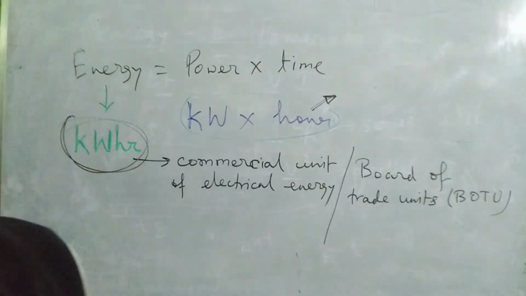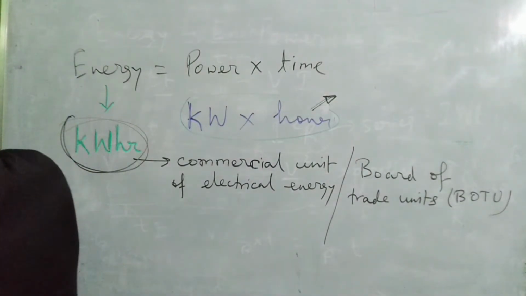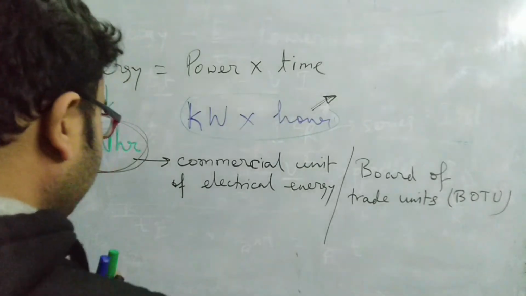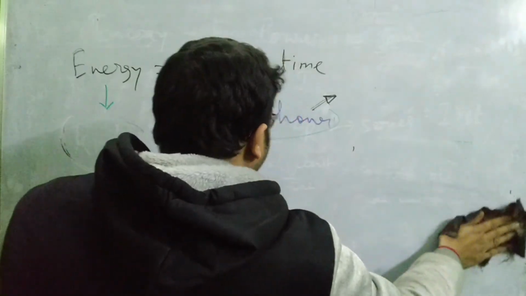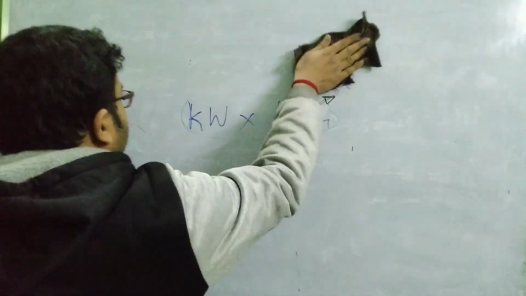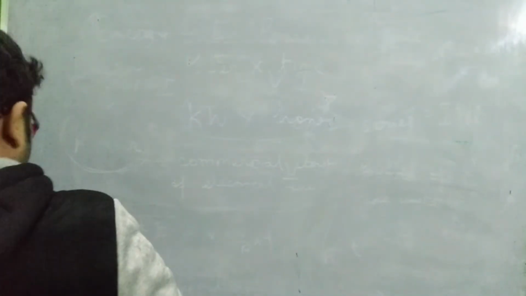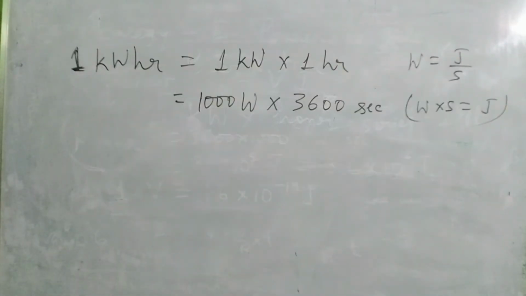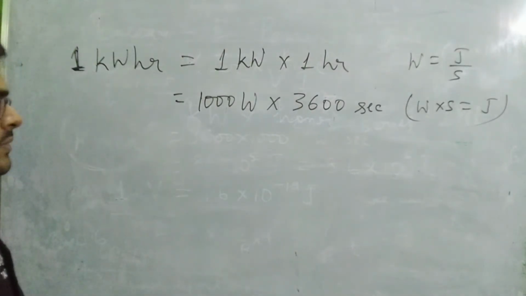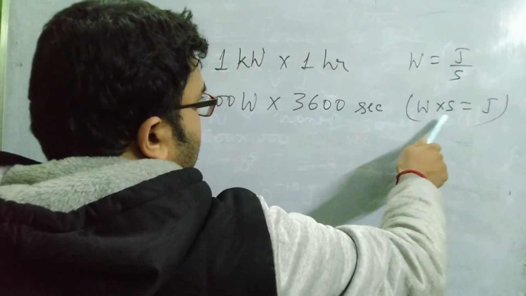Now what is the relation of 1 kilowatt hour with joule? Can you guess? Very simple. Say 1 kilowatt hour. 1 kilowatt means 1000 watt, and 1 hour means 3600 second, and watt is joule per second, so watt into second is joule.